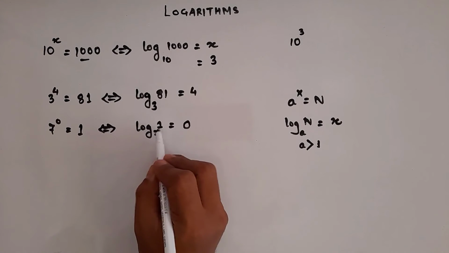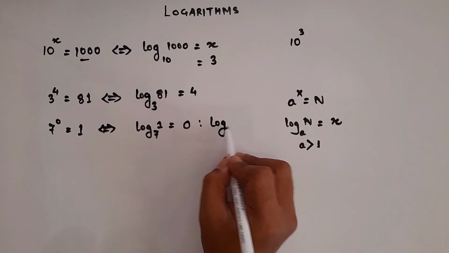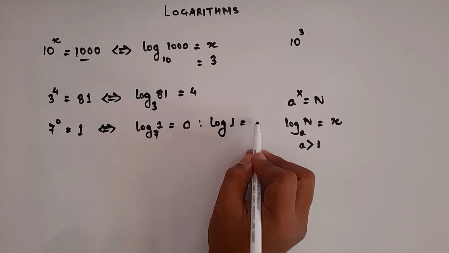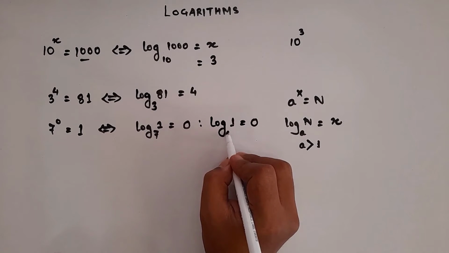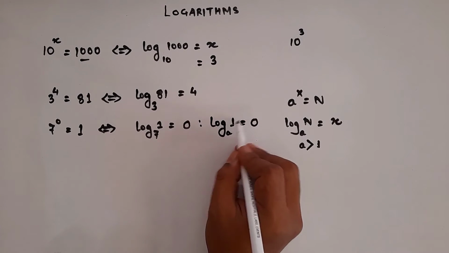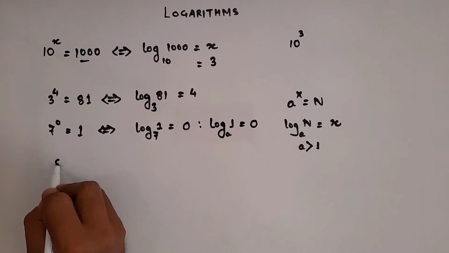Now what if the value of n is equal to 1? So that is going to give us 0. So regardless of what the base is, this is a very general form, we can say the logarithm of 1 is always going to be 0 regardless of what the base is going to be. So if we generalize it to a, this is always going to be equal to 0.